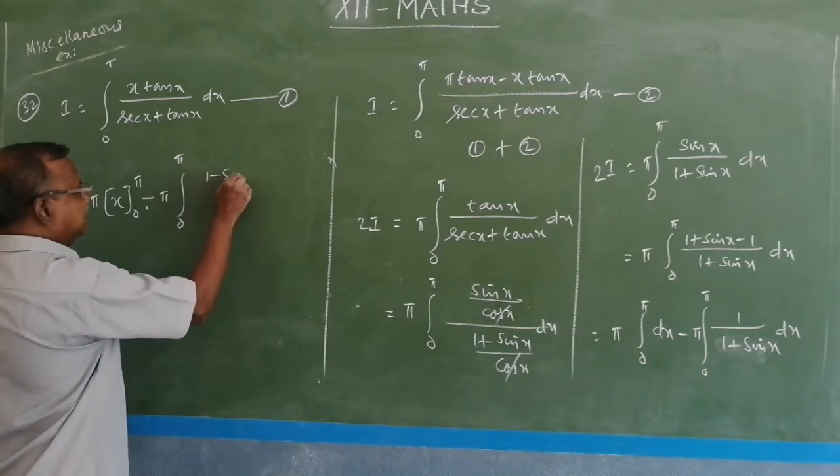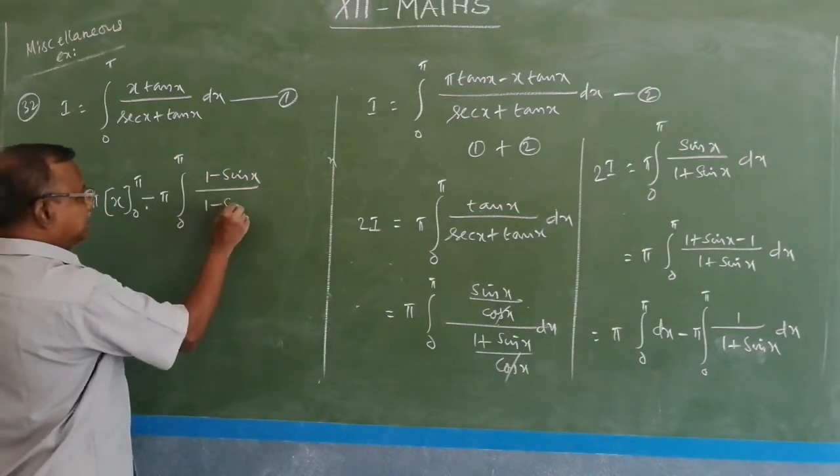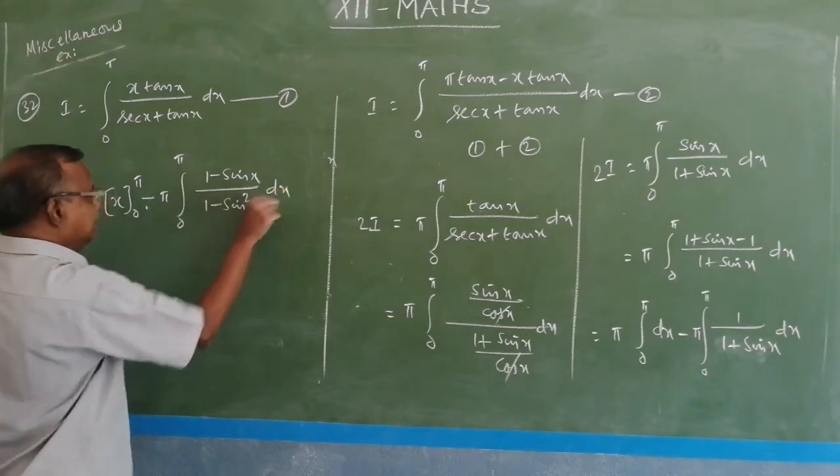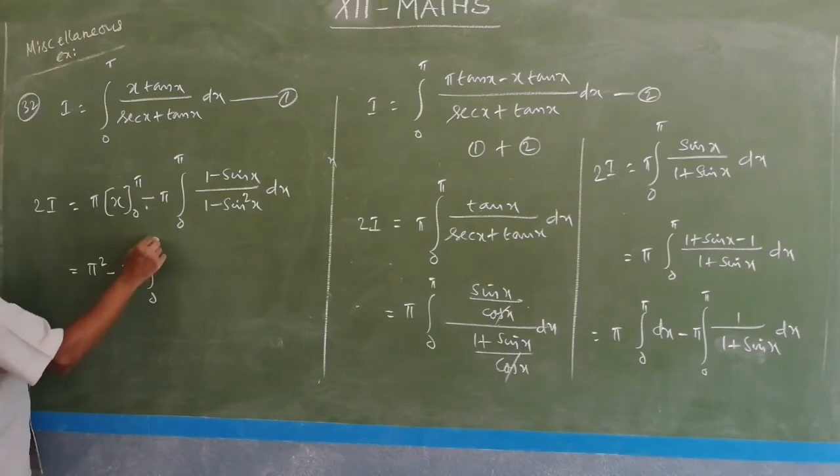So 1 minus sin x divided by (1 plus sin x)(1 minus sin x), that is 1 minus sin square x, dx. The result is pi square minus pi times the integral from 0 to pi.